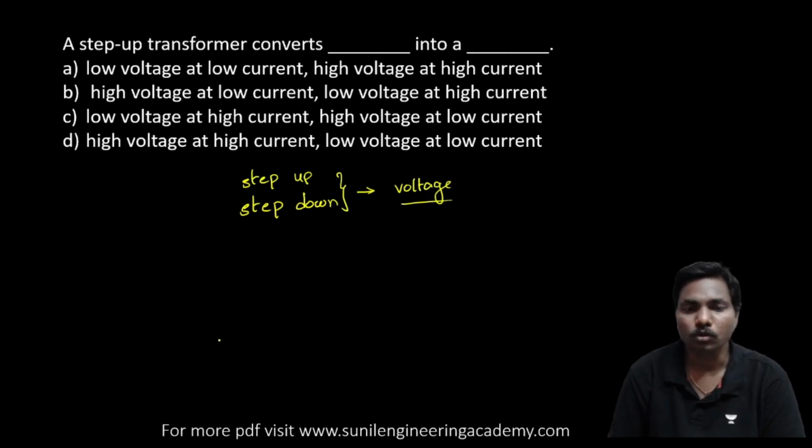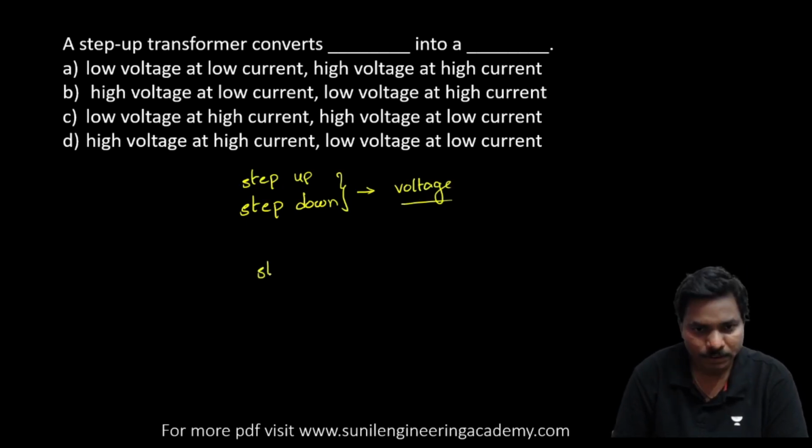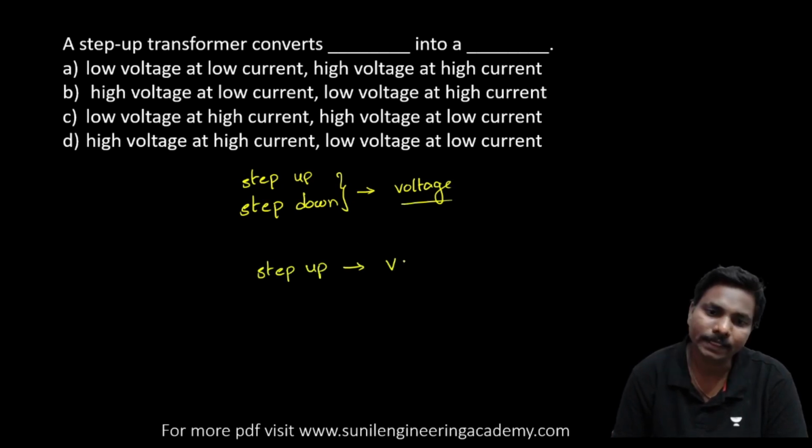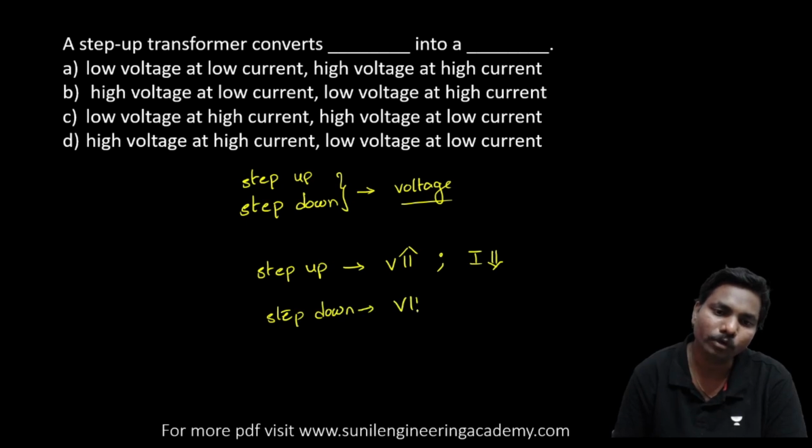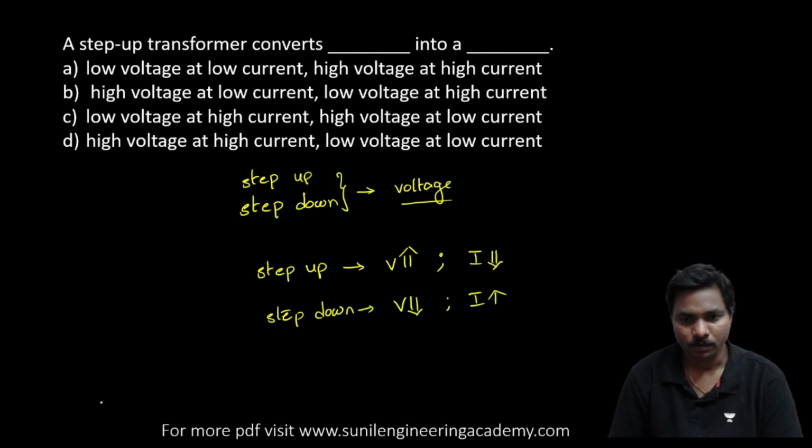Step up means voltage increases, and as voltage increases, current is less. In the same way, step down means voltage is stepped down, and as voltage is stepped down, current increases, by maintaining power as constant.